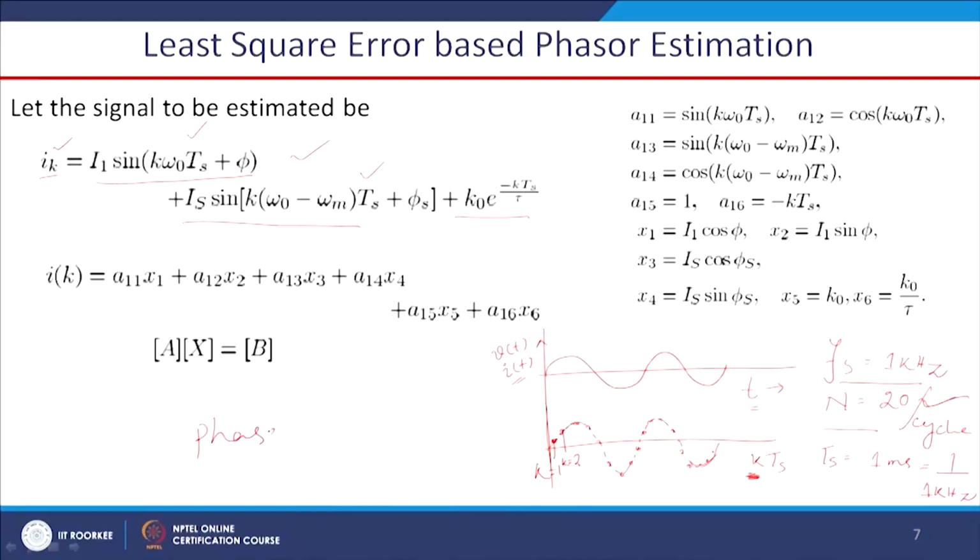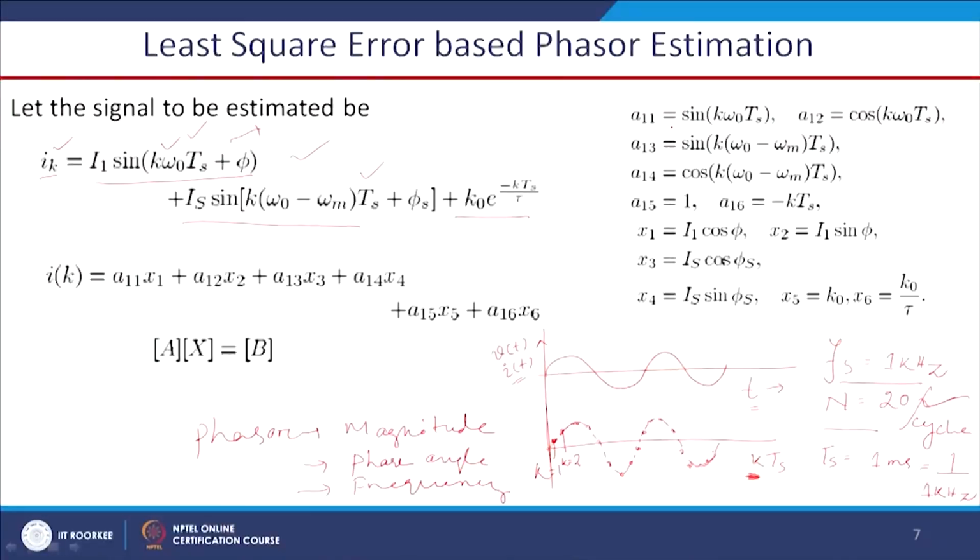Already we have discussed that phasor means we have magnitude, we have phase angle, and of course it is linked with one frequency component. The first term is basically the fundamental frequency component, where this omega naught is 2 pi f naught. This f naught is basically the 50 hertz component.